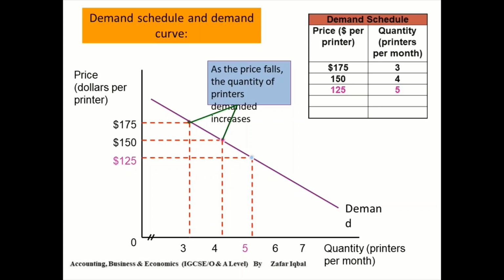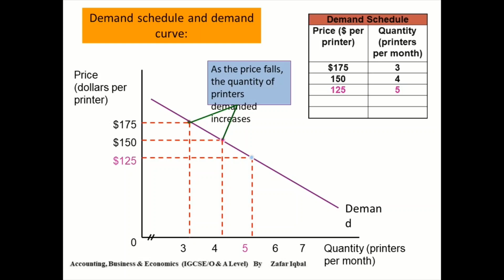So we can observe that because of the decrease in price, quantity demanded for the printers has increased. If we decrease the price from $175 to $125, the demand for printers will increase from 3 printers to 5 printers per month.